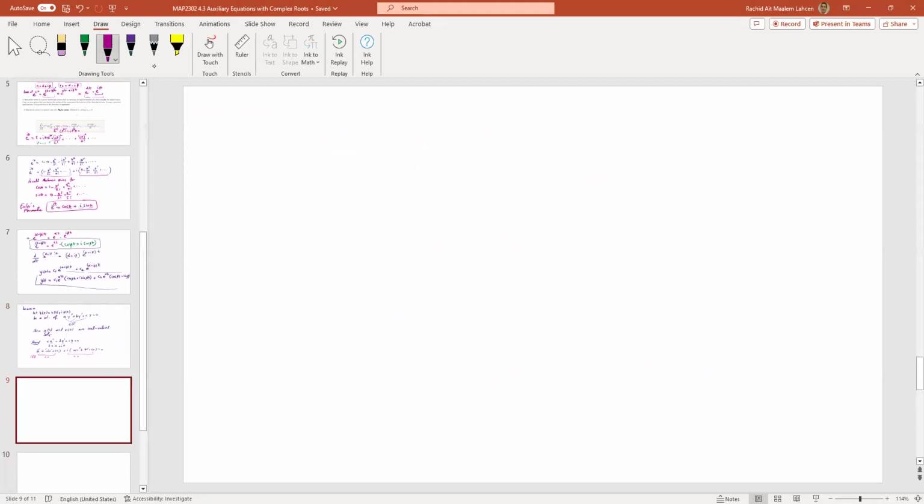So what are the complex conjugate roots?